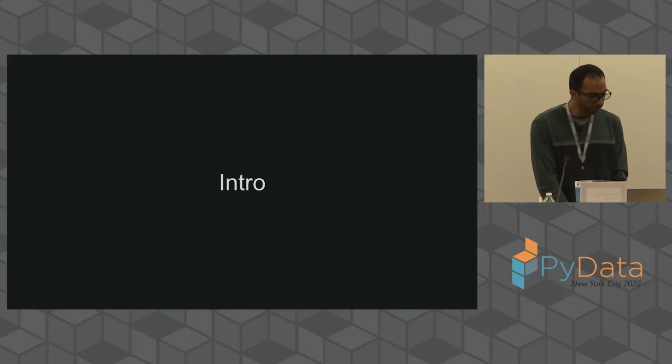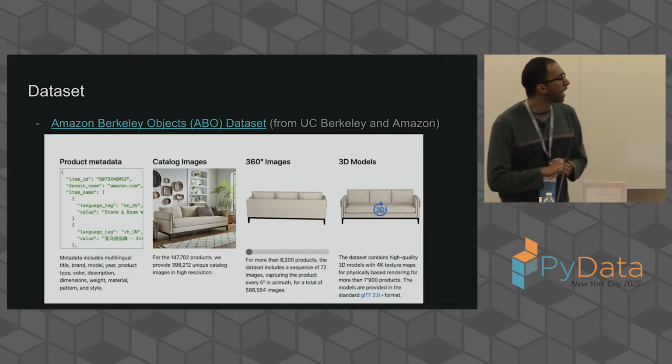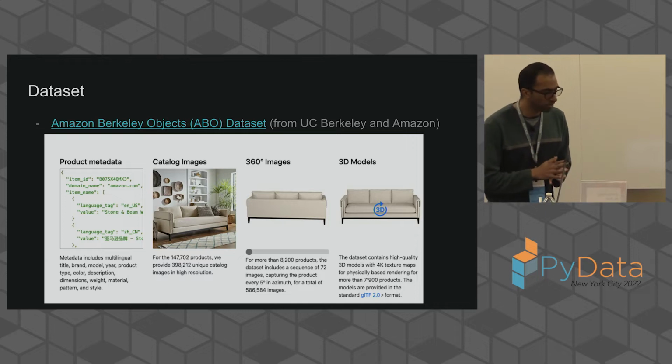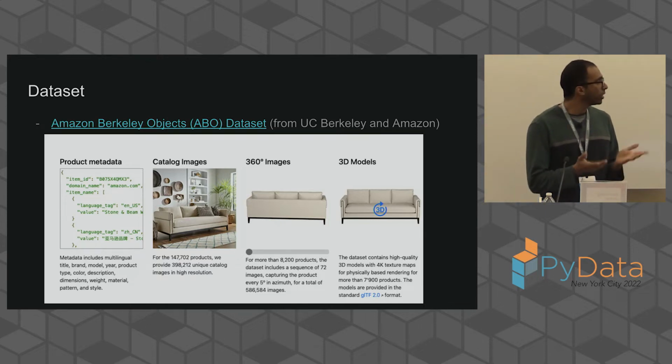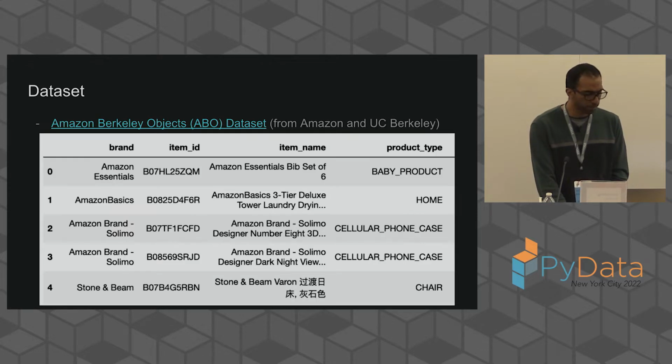So let me briefly introduce the data that we'll be looking at today. UC Berkeley and Amazon have this nice e-commerce data with product data, catalog images, 3D models, pretty rich data. But for today's session, since we are only going to build a product type classifier, we're going to just look at the product metadata.